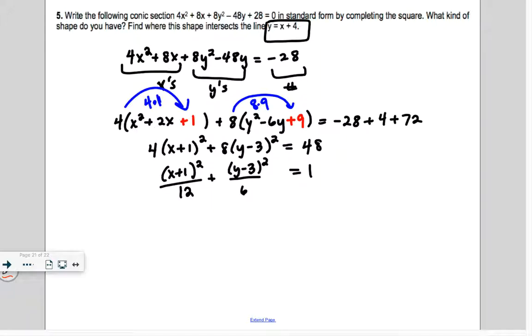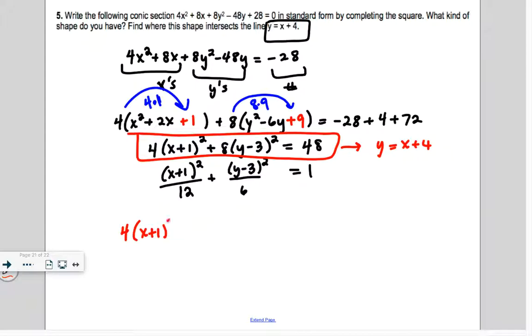If I plug in y equals x plus 4 here, what do we get? I'm going to have 4 times x plus 1 squared plus 8 times x plus 4 minus 3, which is x plus 1 squared. Is that right? Equals 48. How nice.